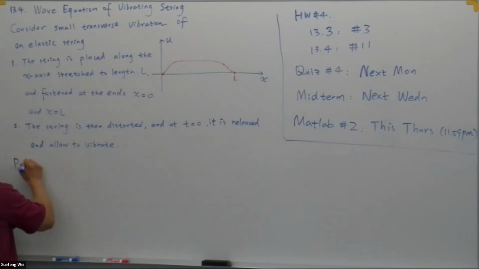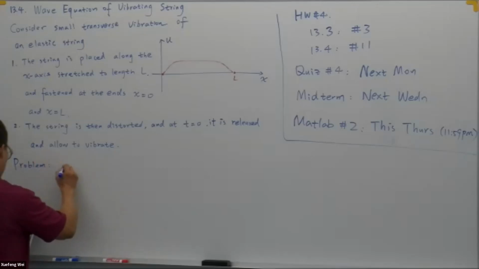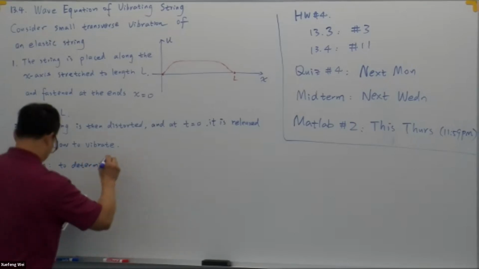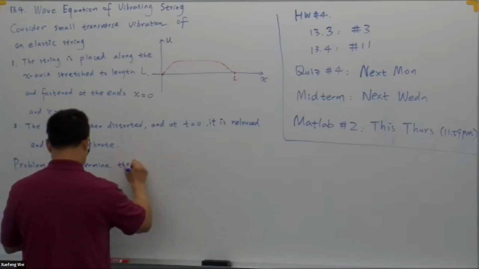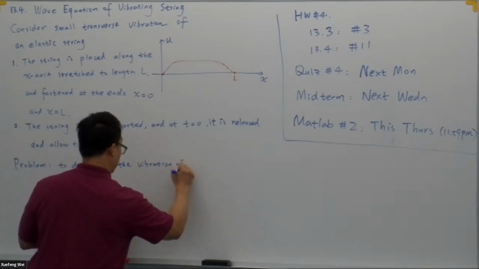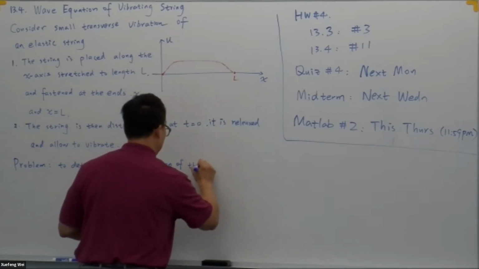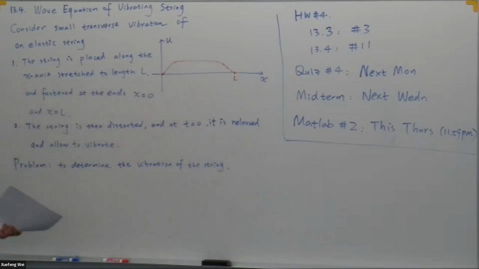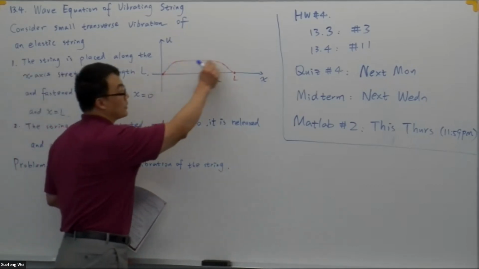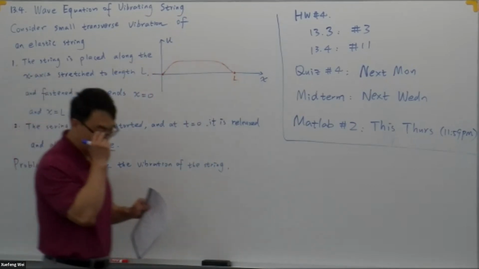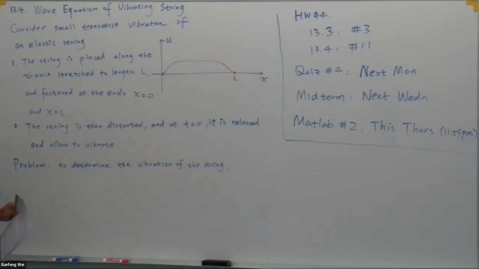The problem we're trying to solve is to determine the vibration of the string. What do I mean by vibration of the string? I want to determine, for every location along the string, what is the vertical displacement at any time?